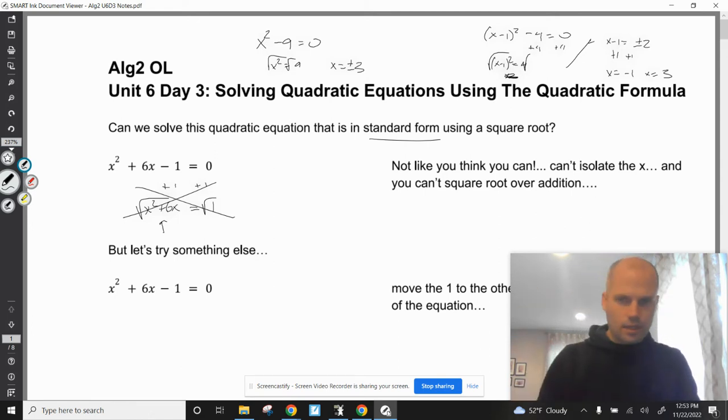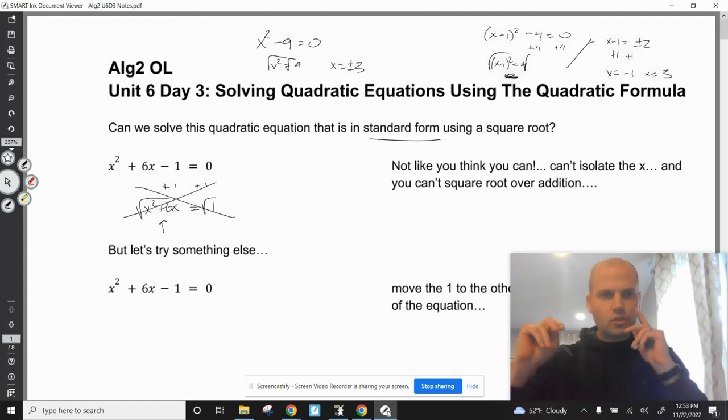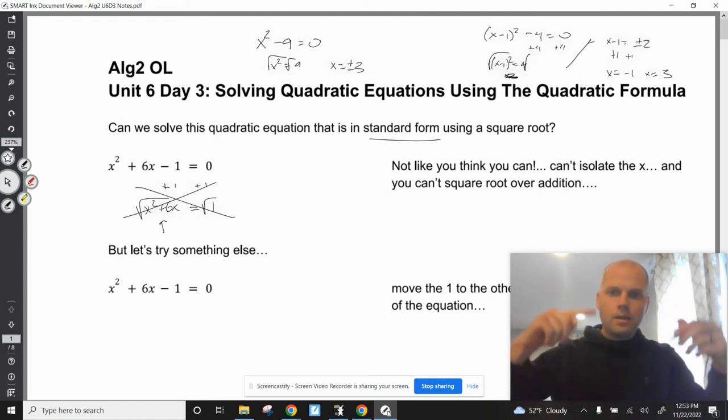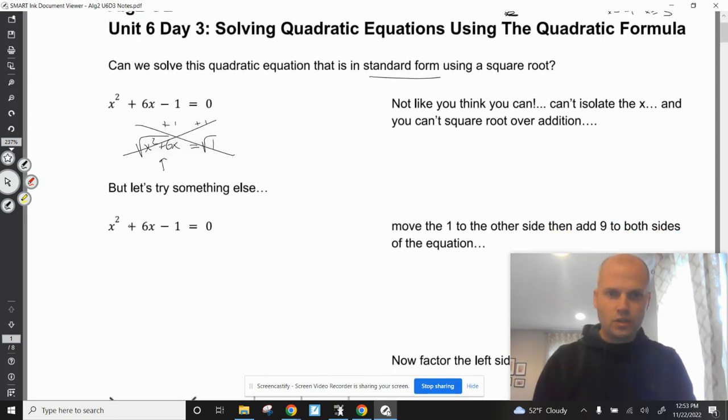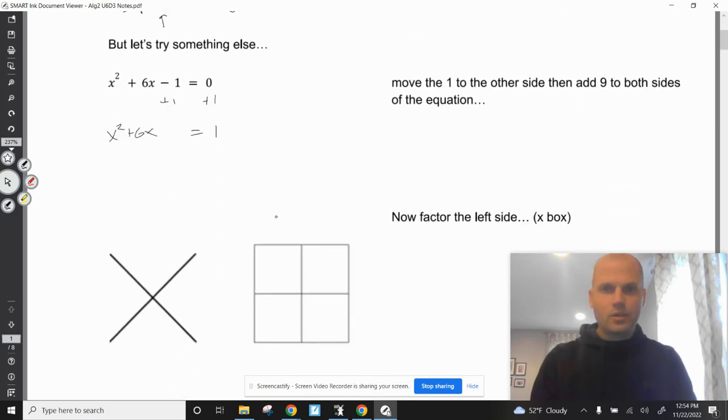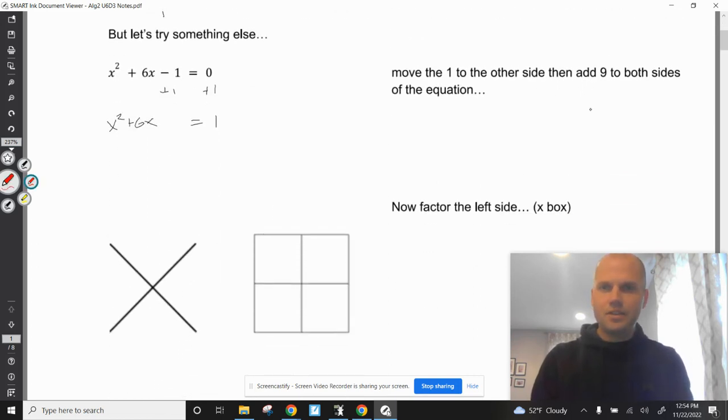There's another technique though, where you can move some things around and use something that we knew from last unit to help you solve these using square roots. I'm going to walk you through it. We're going to start out by doing what we think we should be doing, but I am going to decide to add 9 to both sides.